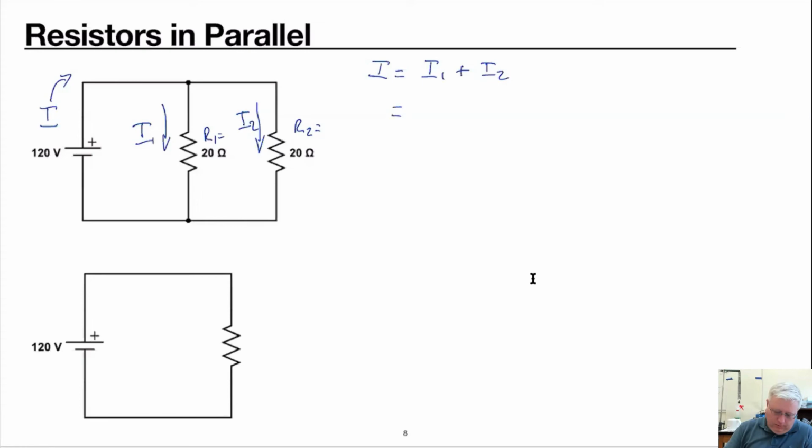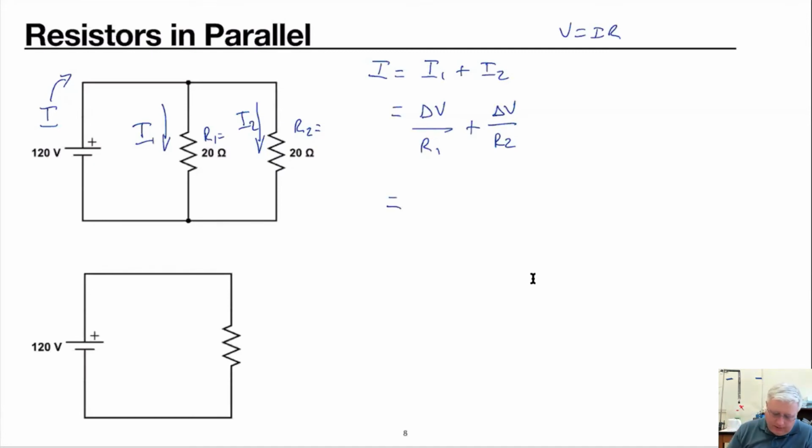Okay, and so then according to Ohm's law, which is V equals IR, so I is V over R. And so the total current would be delta V over R1 plus delta V over R2. And we know that the delta V's are the same, right?